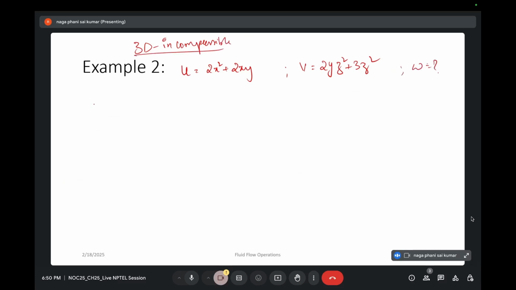So what is the equation for three-dimensional flow? Dou u by dou x plus dou v by dou y plus dou w by dou z will be equal to 0, right? So just substitute, find the integral, and then we'll be able to find the z component. So can someone do it and tell me the answer? What is w?